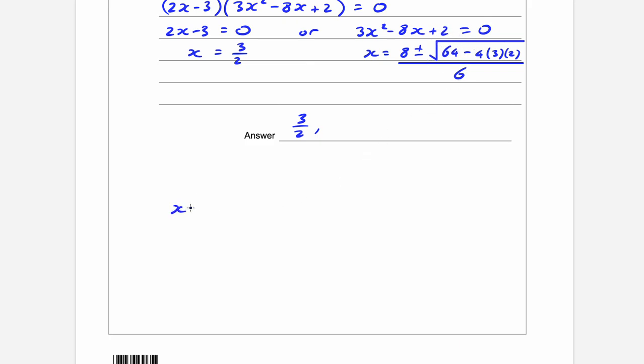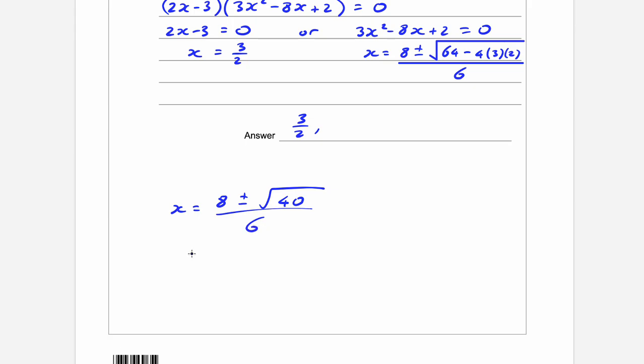This is going to be 8 plus or minus the square root of 64 minus 24, so it's root 40. Let me just do that again, guys. 4 times 6 is 24. Yeah, that's right.